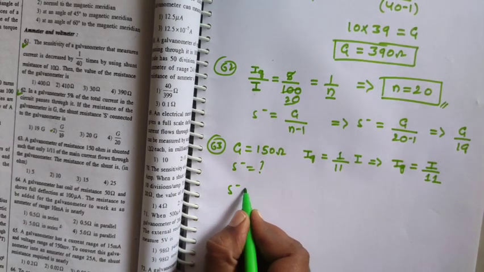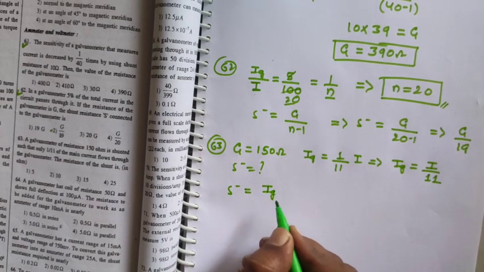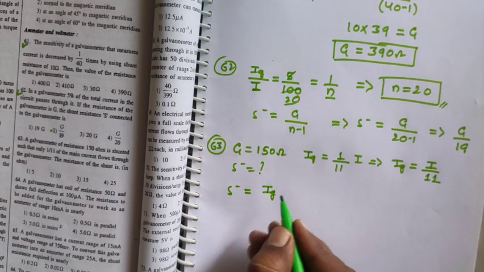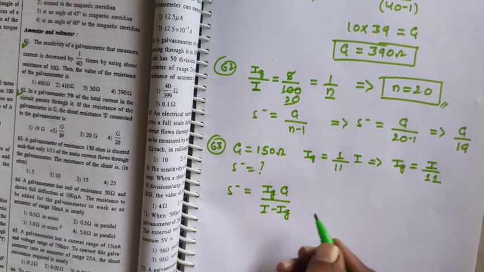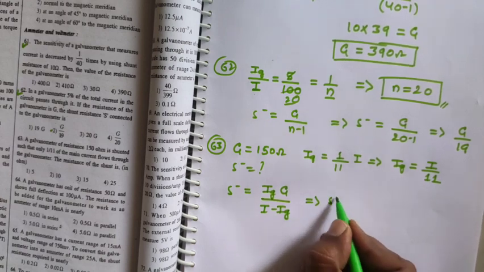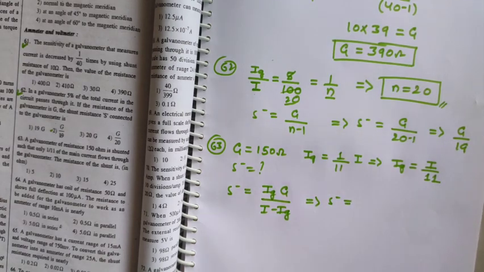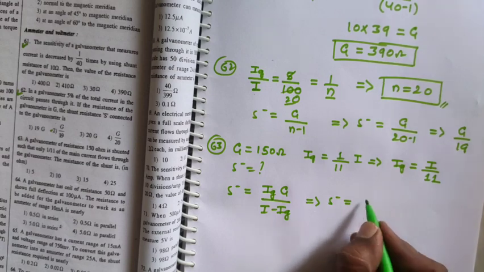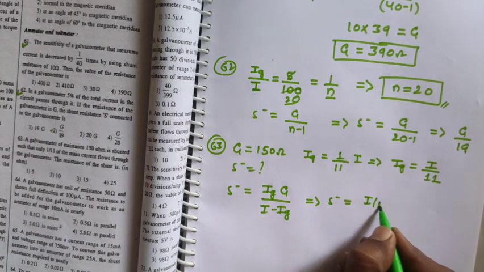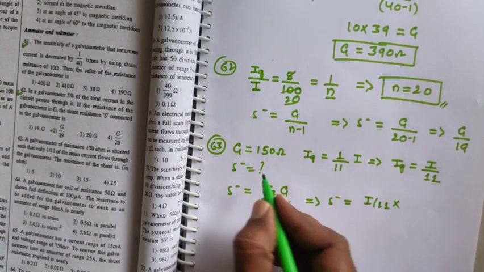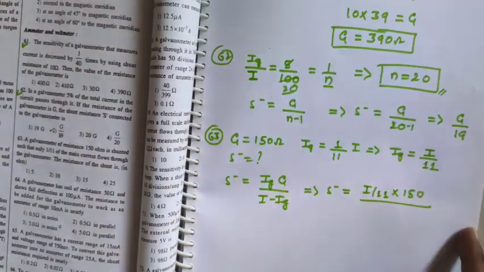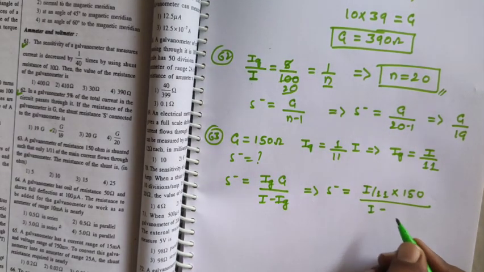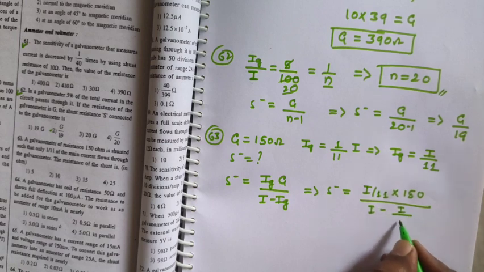Look here, we have the generalized formula, S which is equal to Ig into G divided by I minus Ig. We derived this formula in previous videos, right? Ig I take as I by 11, into G value, which is 150. I as it is, and Ig value is I by 11.